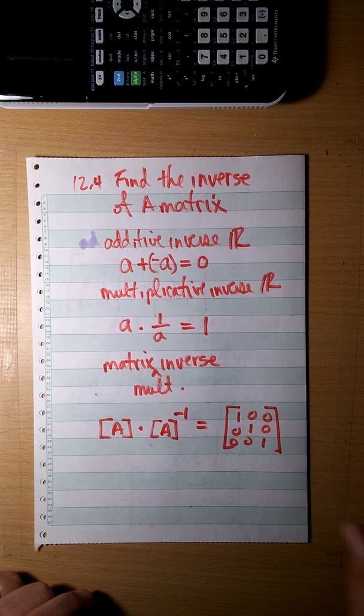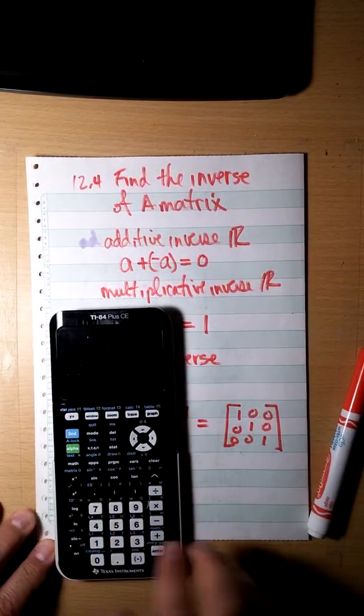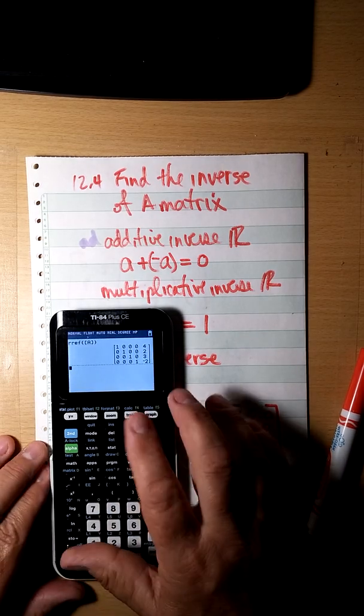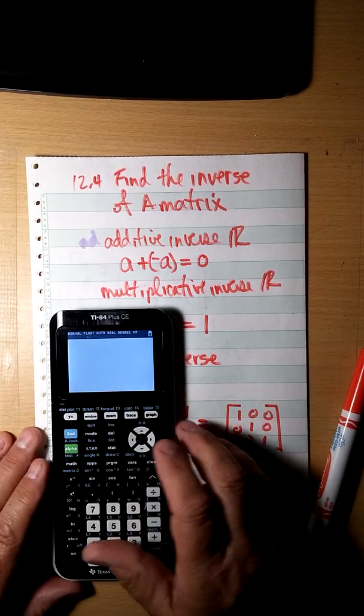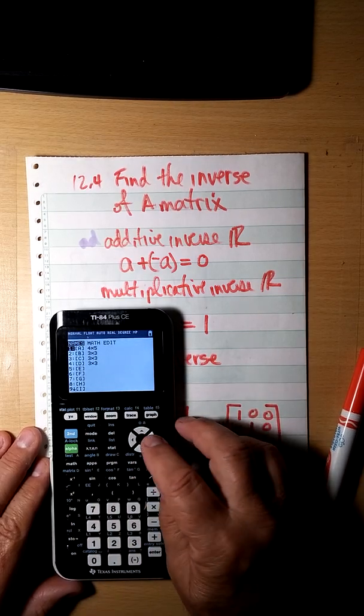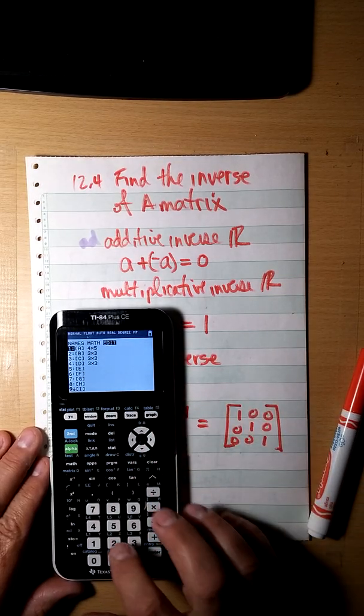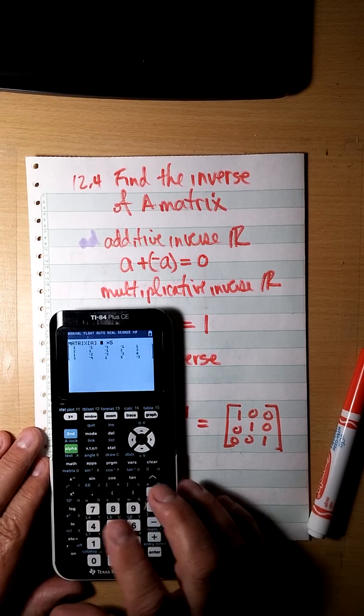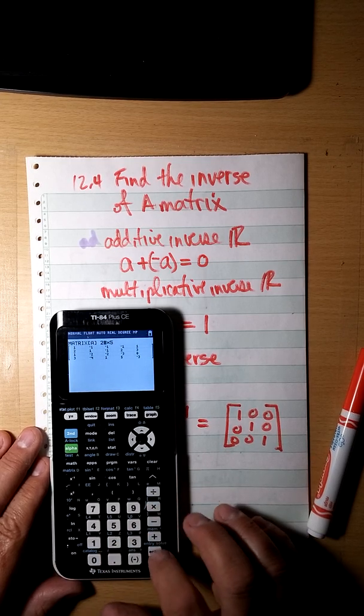So let me grab my calculator, clear out this screen. Let's go into the matrix, second matrix, go over and edit. Let's do a 2 by 2. Matrix A, a 2 by 2.